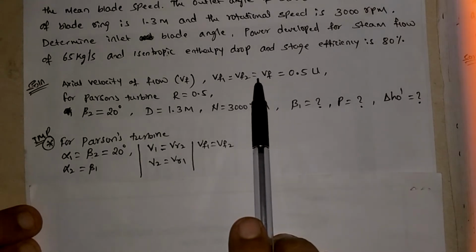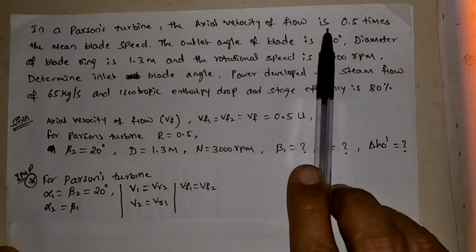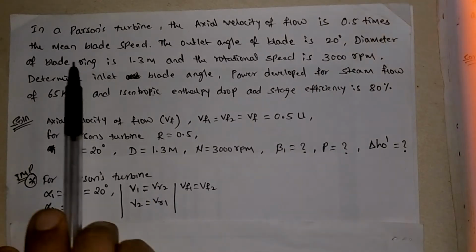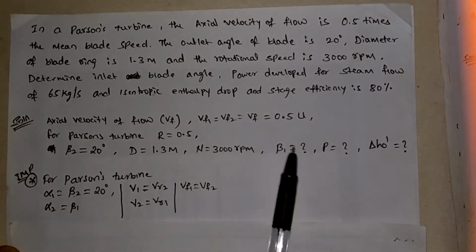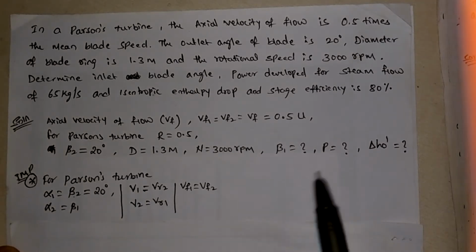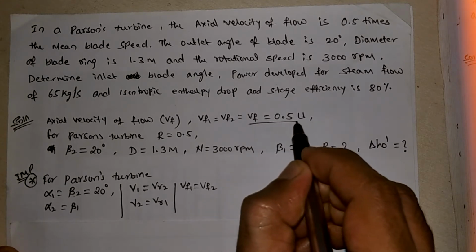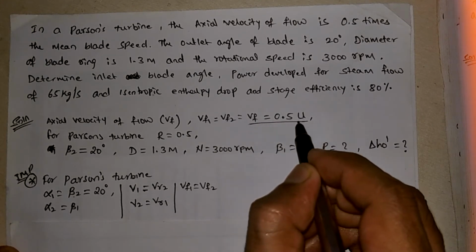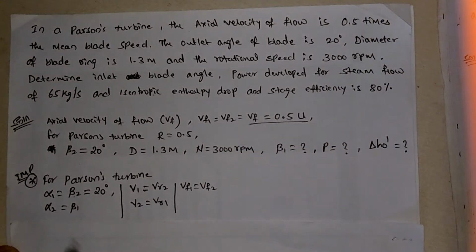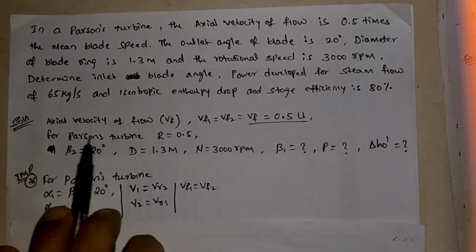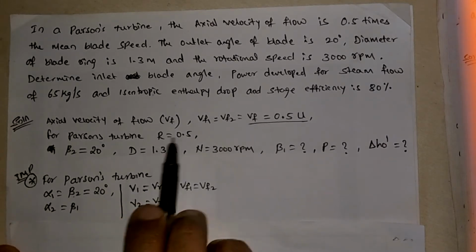This axial velocity of the flow is 0.5 times the mean blade speed. So we can say that Vf is equal to 0.5 times u, right? This relation is very important here. This is the given condition in the problem. And it is a type of Parsons turbine where reaction is 0.5, or a 50% reaction turbine.